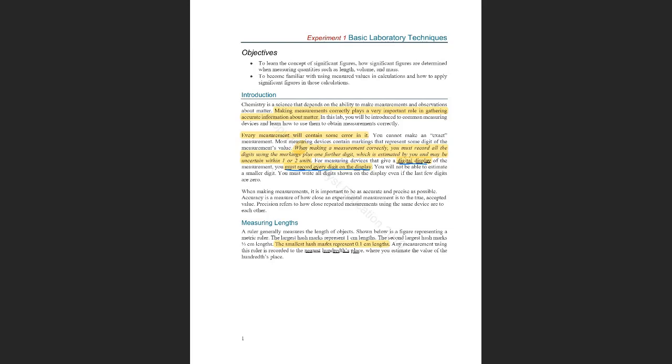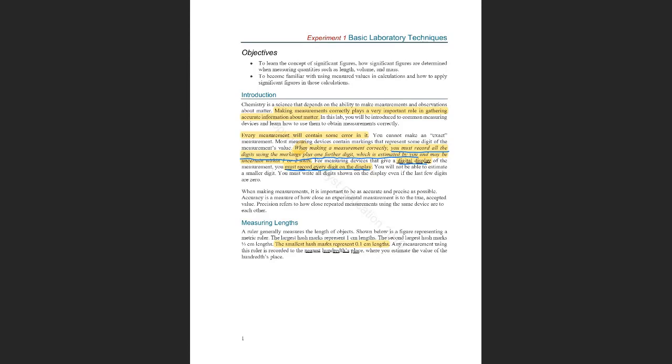But if you are not using a digital instrument, let's say you are using a glassware or a ruler or a thermometer, you must record all the digits using the markings plus one further digit, which is estimated by you.